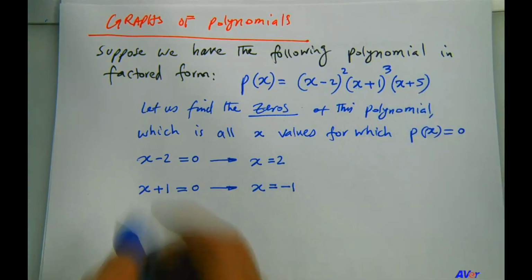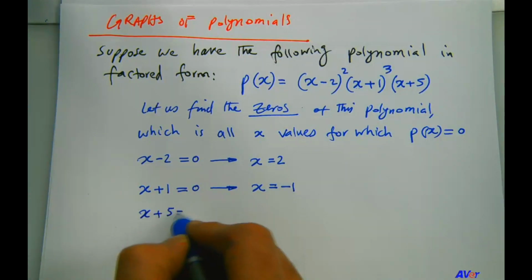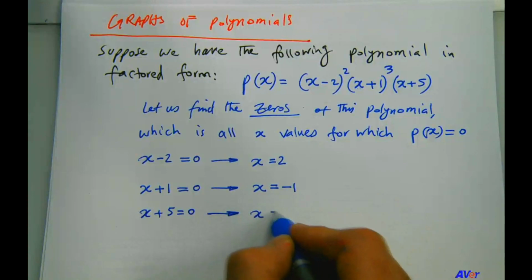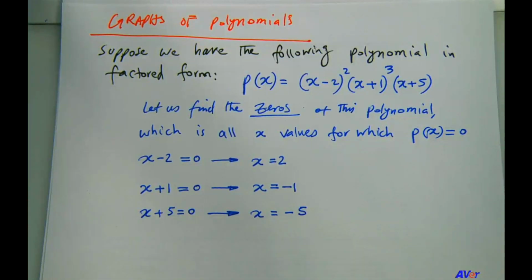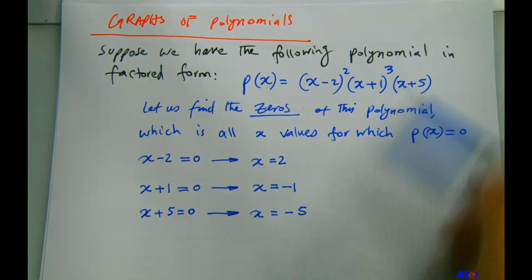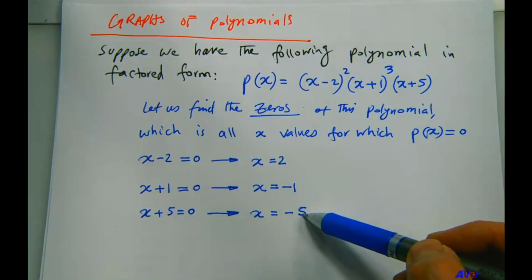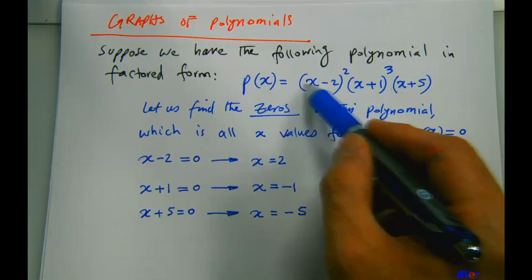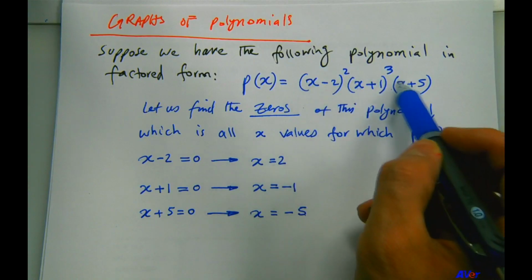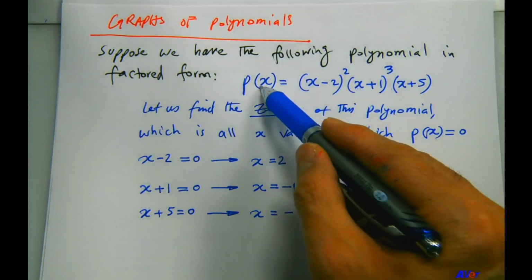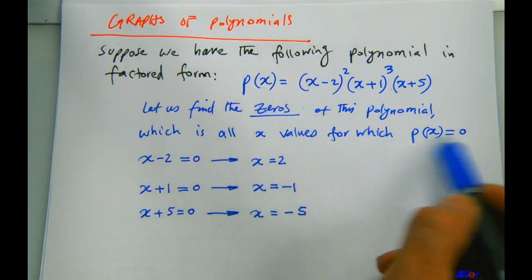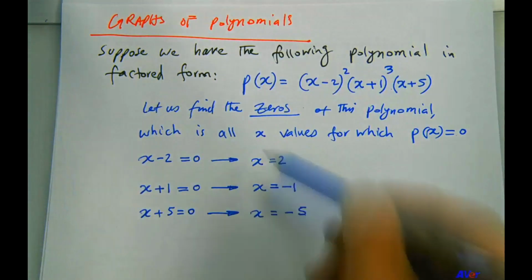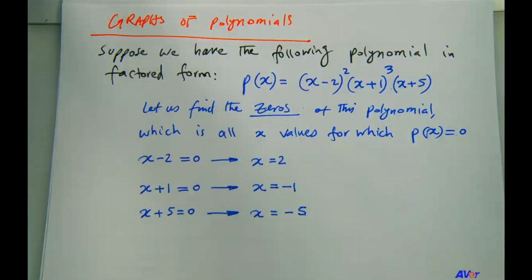Now, the third factor, x plus 5 equals 0, then x is equal to minus 5. That means if x is minus 5, that term will be 0, and because that term is a factor of all of this, it will multiply everything by 0, and therefore make p of x equal to 0. So these are the zeros of this polynomial, x values that will make this polynomial equal to 0.